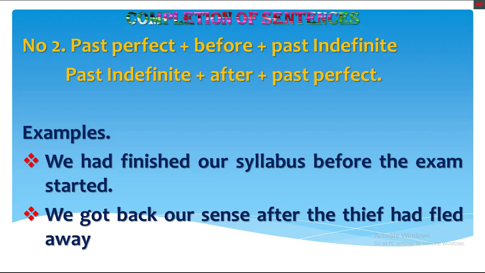I know you know this well and you have studied a lot about doctor, patient, train, station previously. You have certainly learned it in your previous classes. The past perfect tense will be used before the conjunction before, and the past perfect will be used after the conjunction after, and we have studied it a lot with the examples of doctor, patient, train, station.